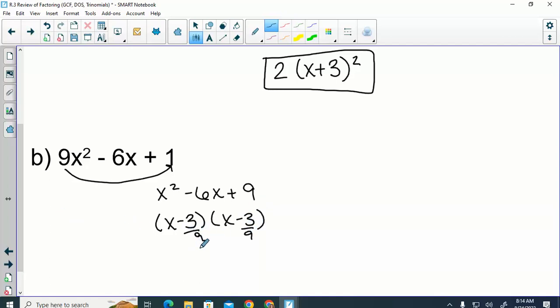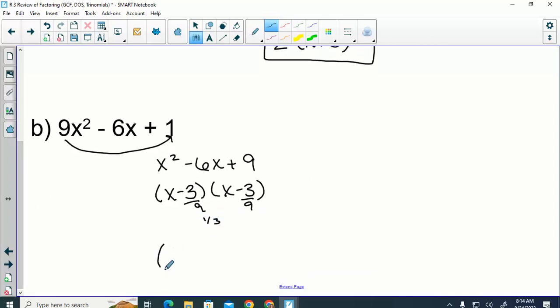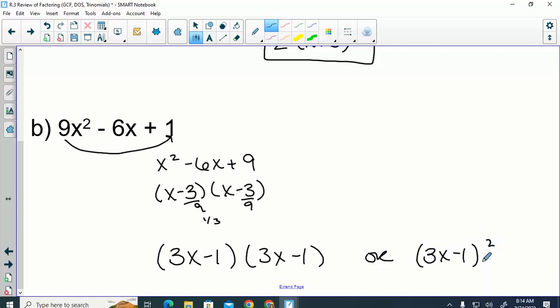Now, 3 over 9 reduces to 1/3, so the 3 moves in front, so 3x minus 1 for both of them, or 3x minus 1 squared.